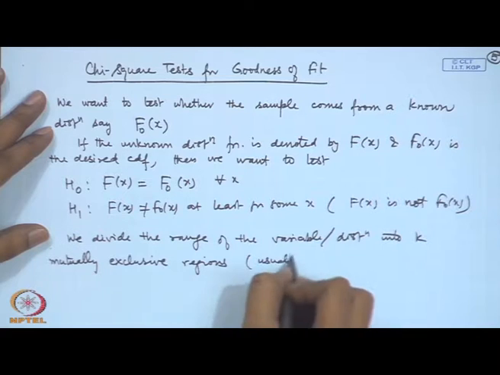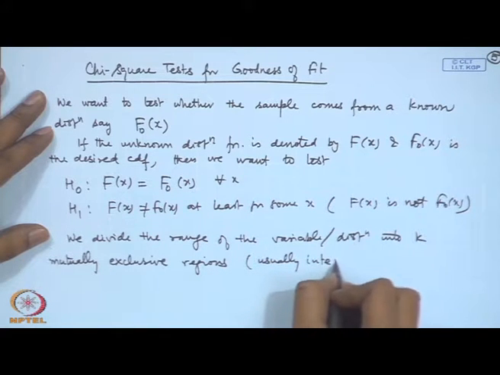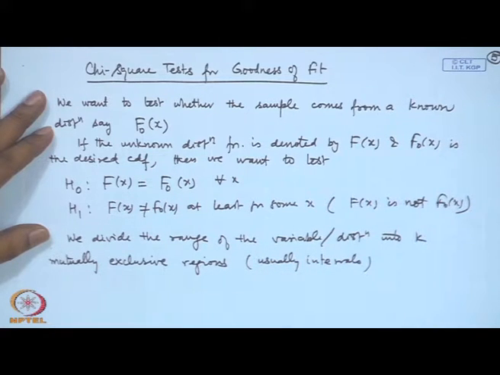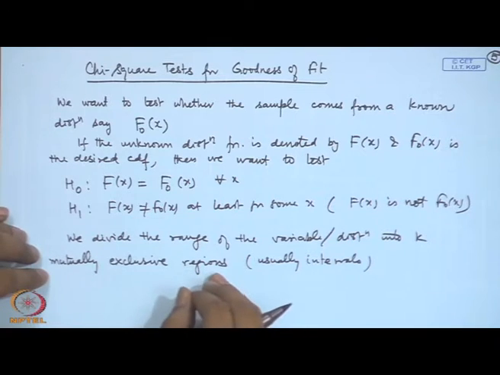Usually it will be intervals. I mentioned regions because suppose I am considering binomial distribution etcetera, then you have values 0, 1 to n, or you are considering Poisson, then it is 0, 1, 2, 3 and so on. So, you will have infinite number of values, but then you can take a practical consideration by clubbing some of the values together and make it a finite number of regions. So, this k is finite.